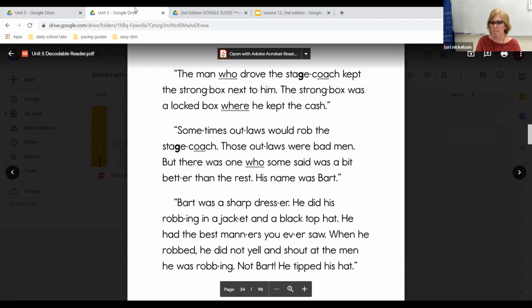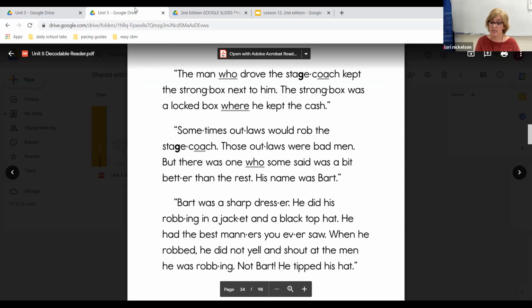Those outlaws were bad men, but there was one who some said was a bit better than the rest, and his name was Bart. Bart was a sharp dresser. He did his robbing in a jacket and a black top hat. He had the best manners you ever saw, and when he robbed, he did not yell and shout at the men he was robbing.